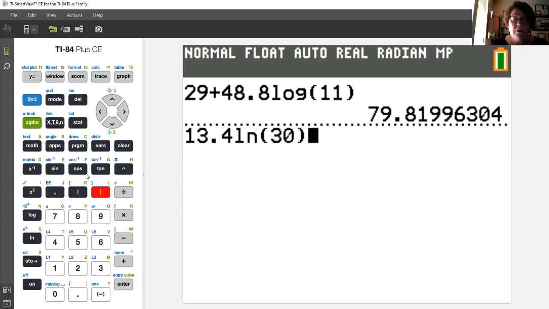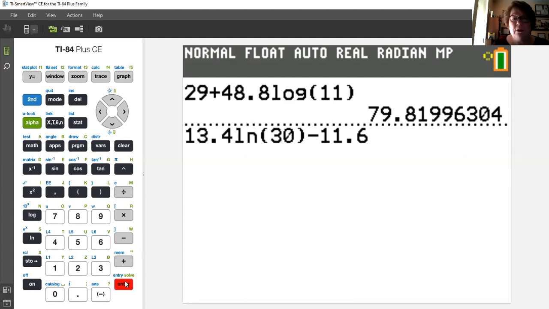If I don't close those parentheses and then I subtract the 11.6, my calculator will assume that what you're taking the log of is 30 minus 11.6. You must close those parentheses so that your calculator knows it's taking the natural log of 30, multiplying that times 13.4, and then subtracting 11.6 from the result.